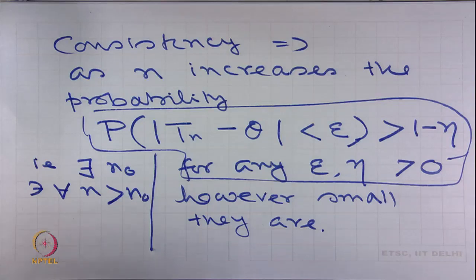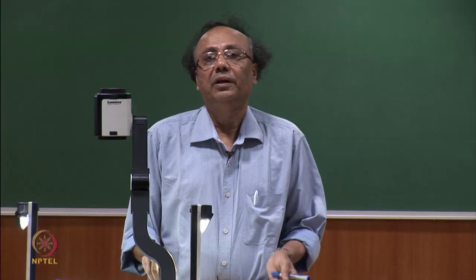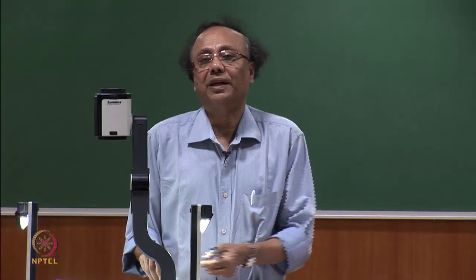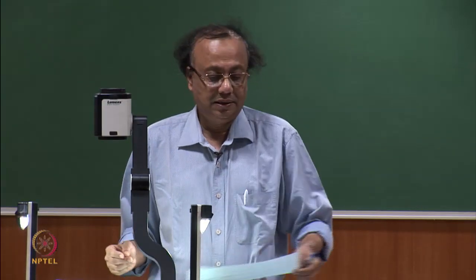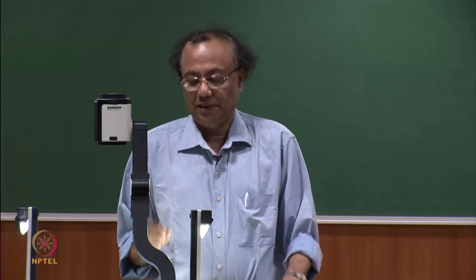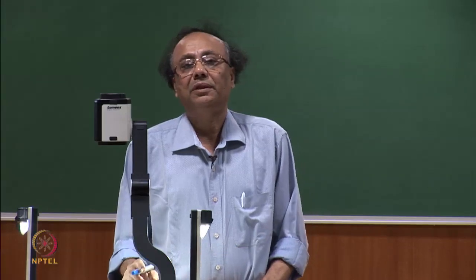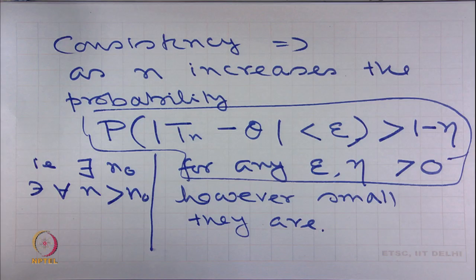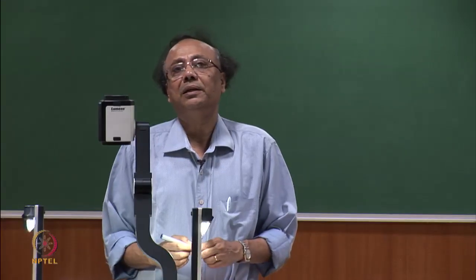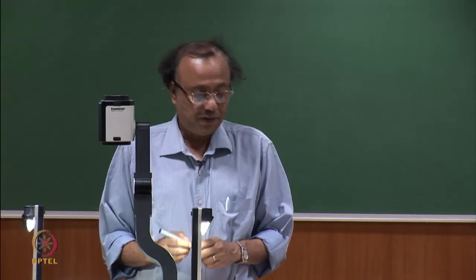That means, after a certain number, if we choose samples of size beyond that, then we know that the probability that the estimator T_n will come arbitrarily close to the parameter theta that it is estimating is going to be as close to 1 as possible.